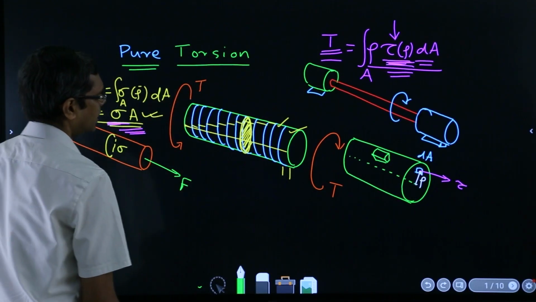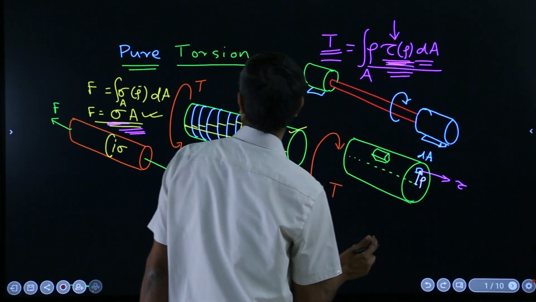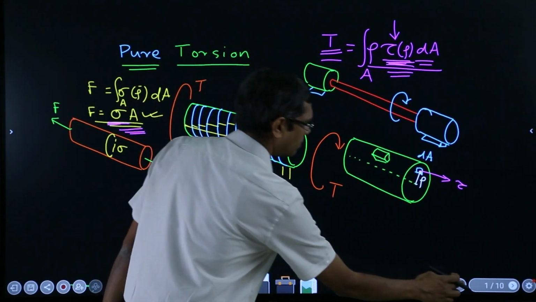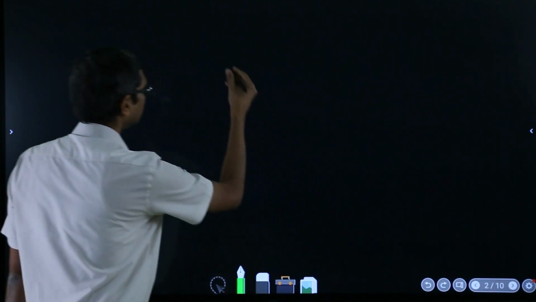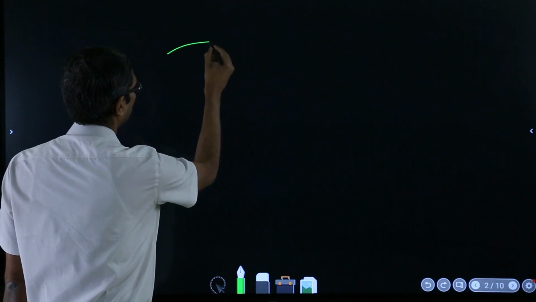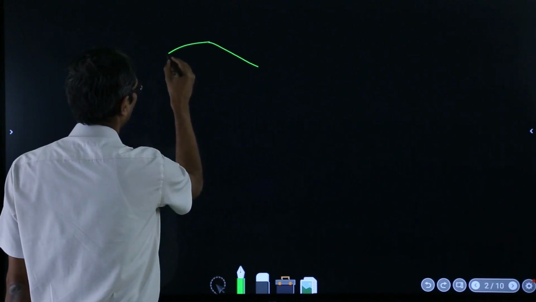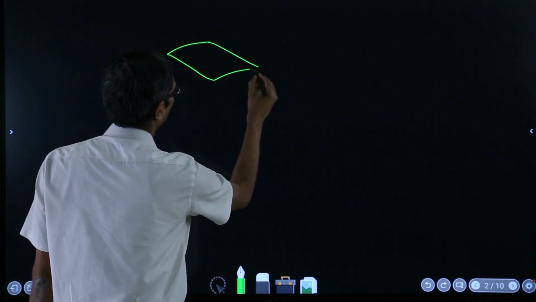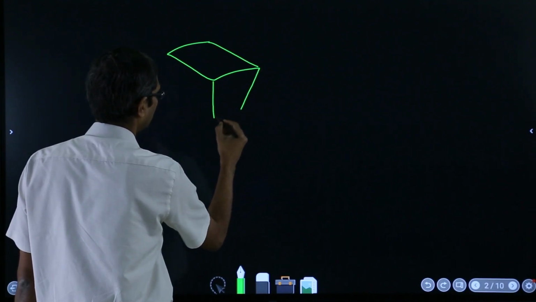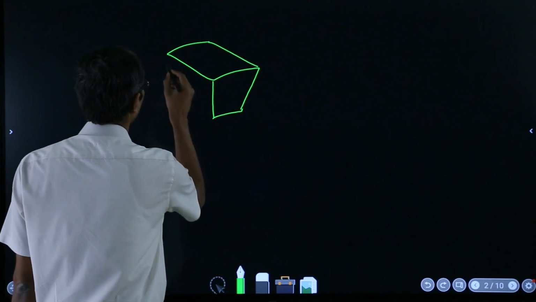I'll draw it on a bigger scale so that it will be visible properly. So this is the piece which I wanted to cut from there.